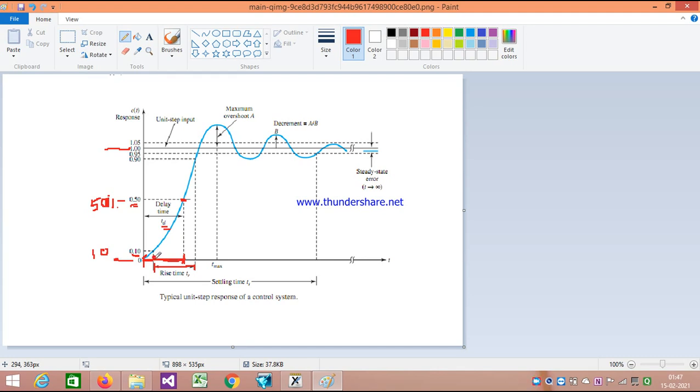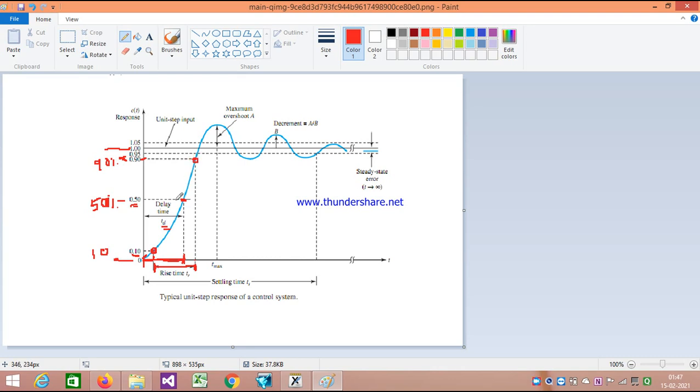Rise time means 10% to 90%. 0.9 means 90%. So the rise time is the time between 10% and 90%. It is the time required for the response to rise from the 10% point to the 90% point.